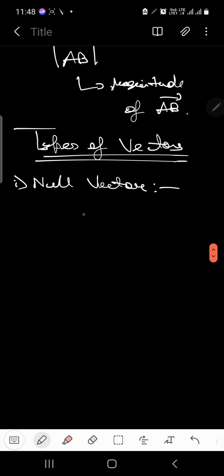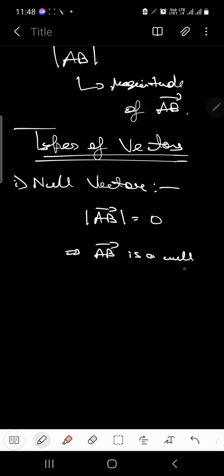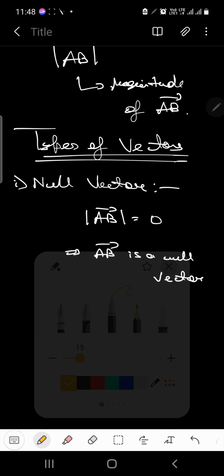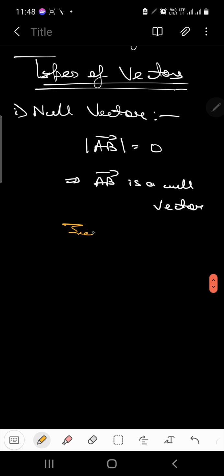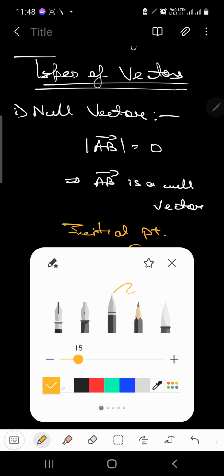Null vector is nothing but a vector whose magnitude is 0. Magnitude of the vector is 0 implies that vector AB is a null vector. Clear? Basically, in a null vector, the initial point equals the final point. That means its magnitude is 0.